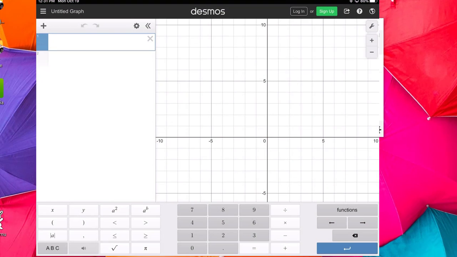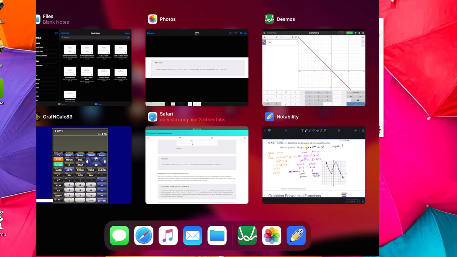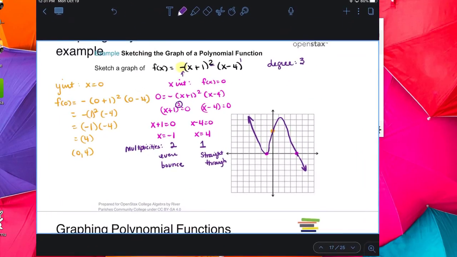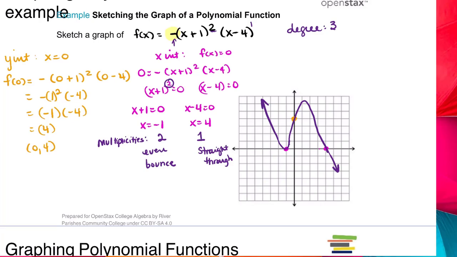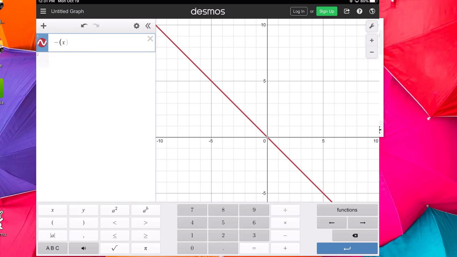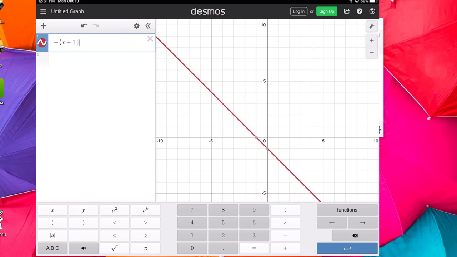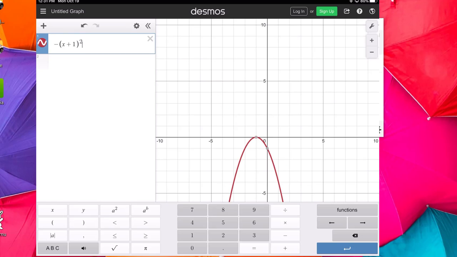So we had negative (x + 1)² times (x − 4), I believe it was minus 4.